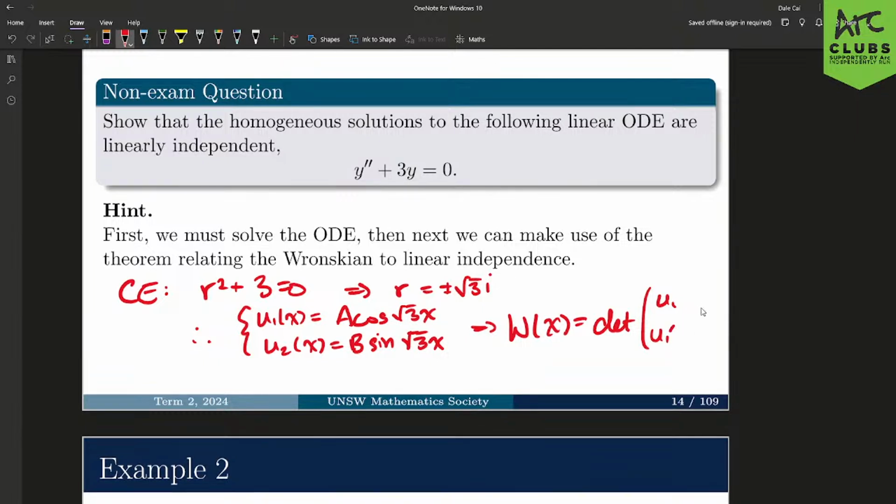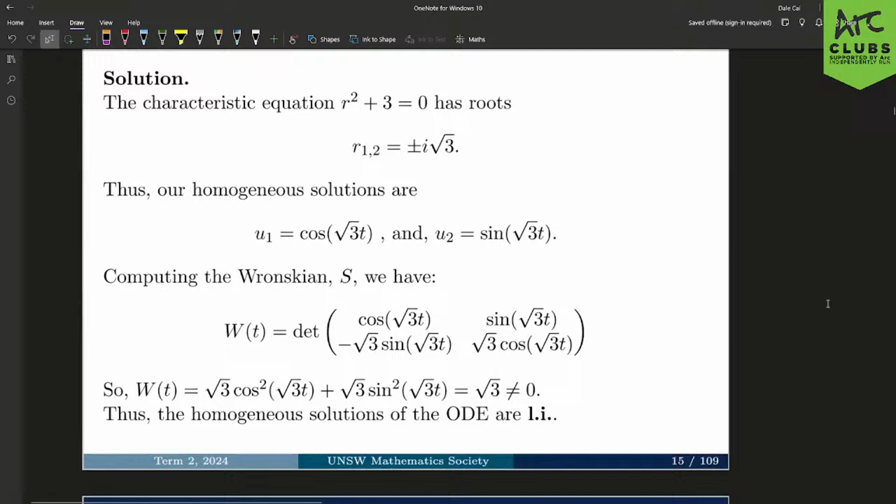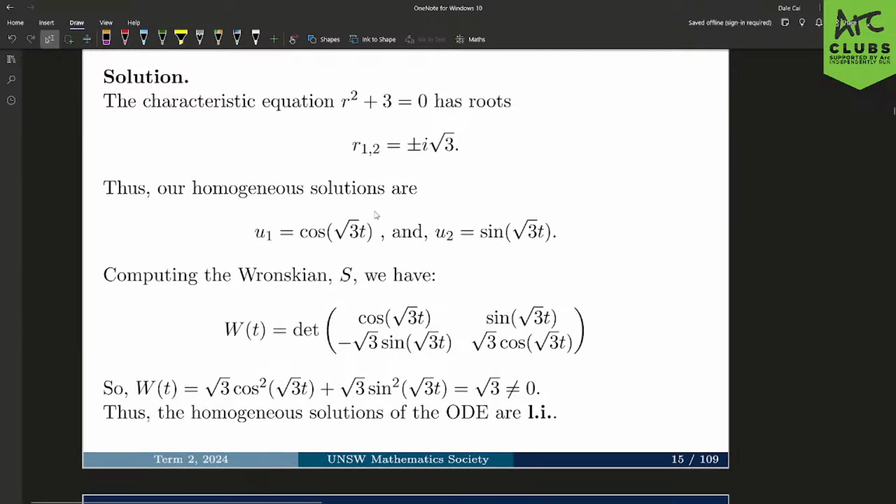So it's going to look like this. We'll see on the next slide how they calculate it. Yeah, so they did it in terms of t instead, which is fine. They got these same solutions. They take the determinant of this Wronskian, which is u1, u1 dash, u2, u2 dash.